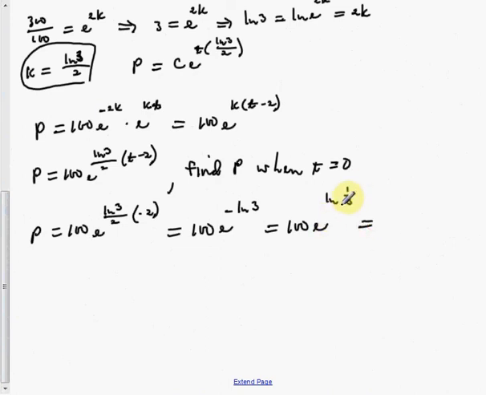And e to the natural log of something is equal to that something. So this is 100 times 1 over 3. So P is equal to 33.3 flies, or just 33 flies.